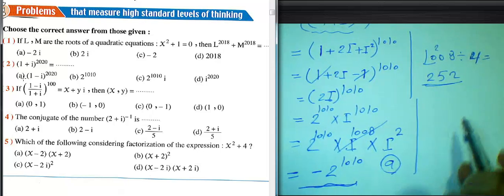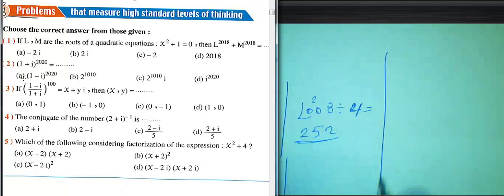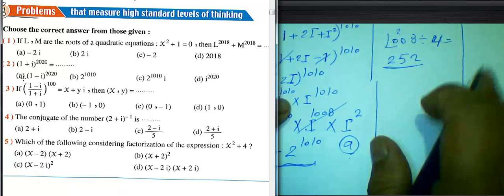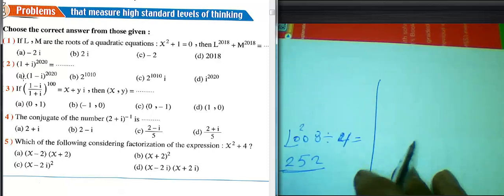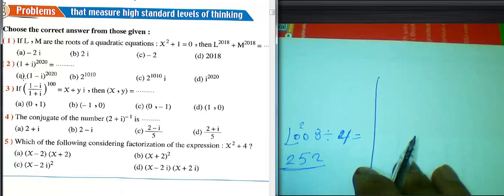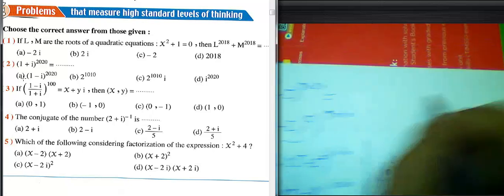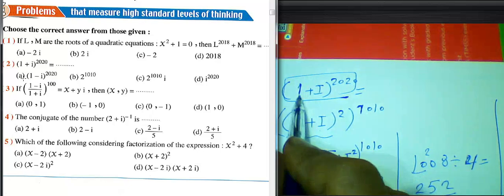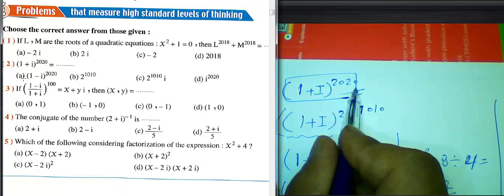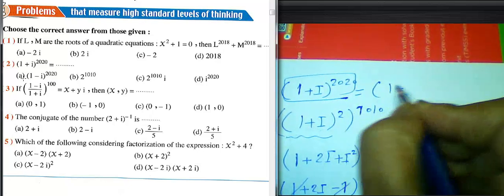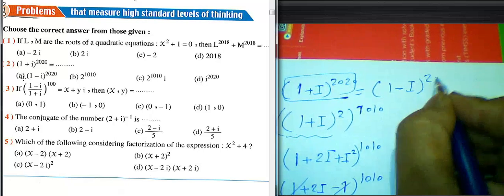Why? Look at it with me. I will solve letter A here to confirm your choice. We know 1 plus i to power 2020 equal 1 subtract i to power 2020. Why?